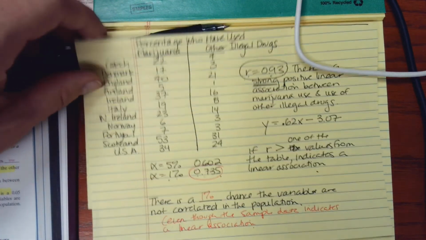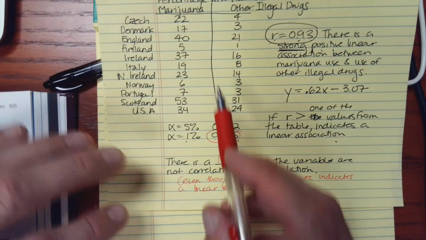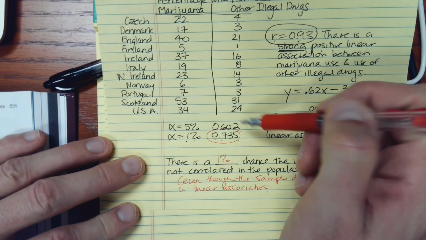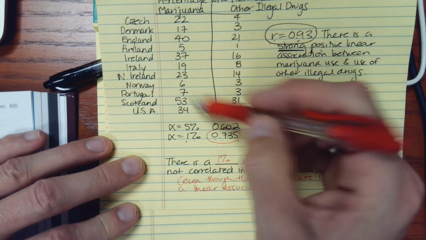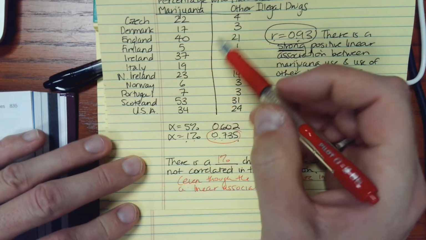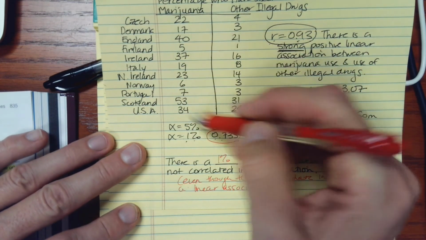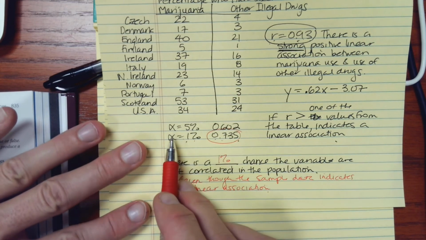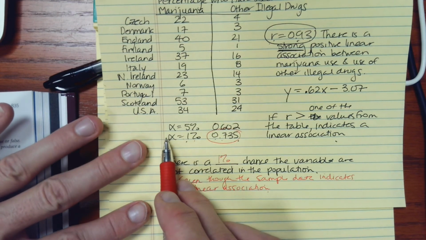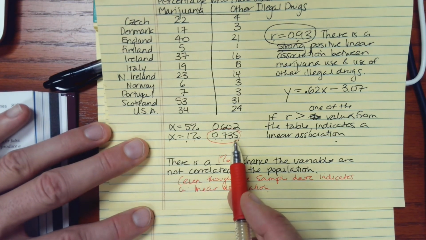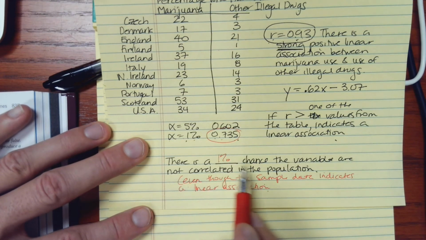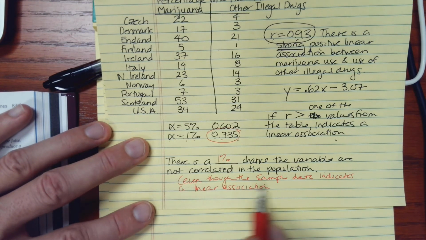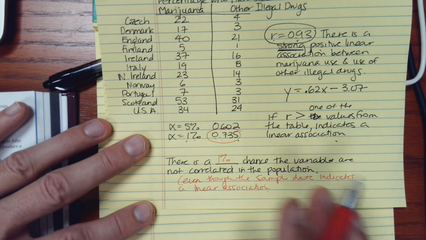Another point I want to make before I go is correlation does not mean causation. To show causation, we would usually need a designed experiment. These are just some observations, so there could be other reasons that would explain a cause and effect.